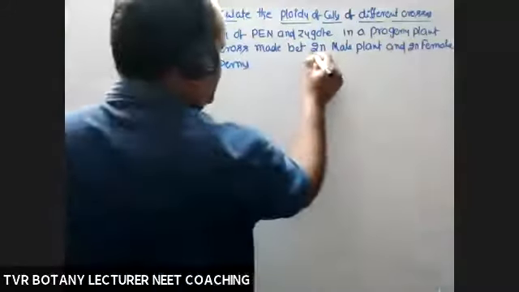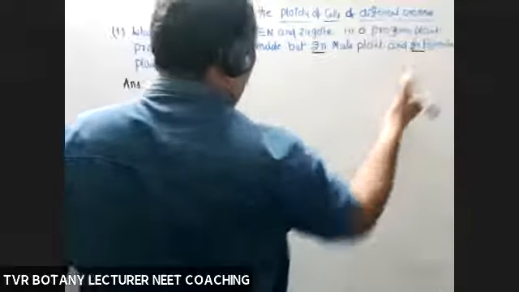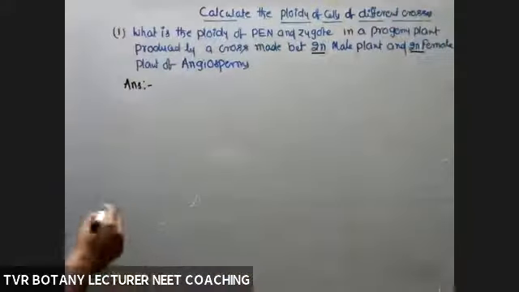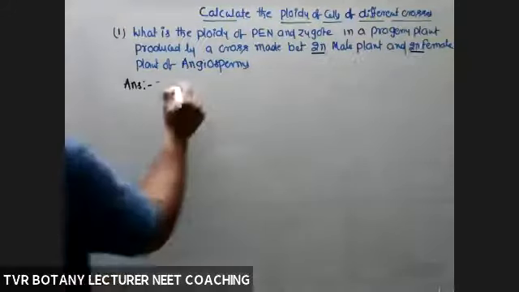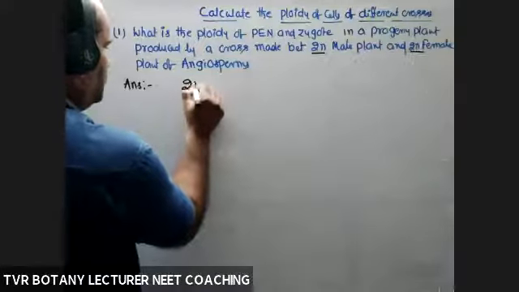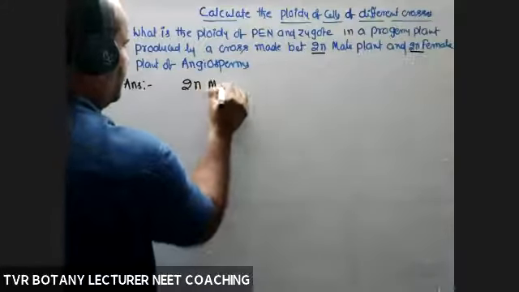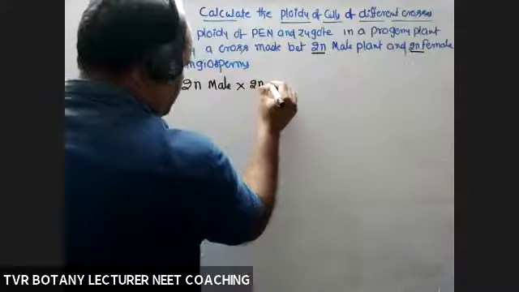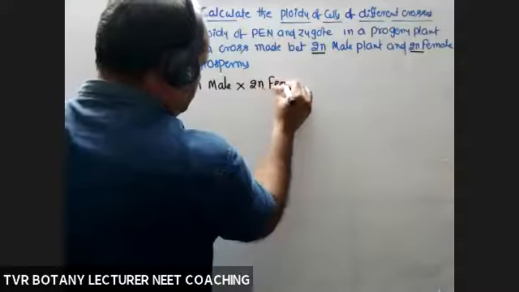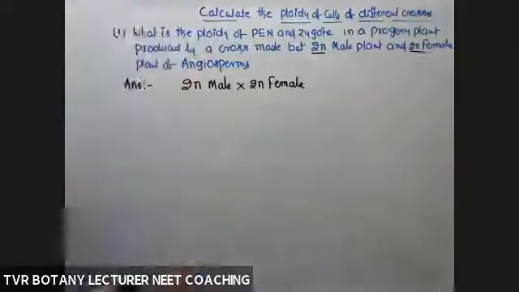So given, one is 2N male, female. First thing, in angiosperms, what is the dominant plant body? Sporophyte, that is usually diploid, maximum extent diploid only. So diploid 2N male crossed with 2N female.